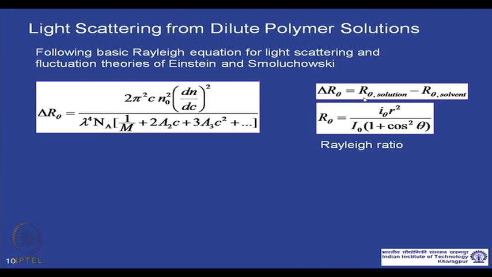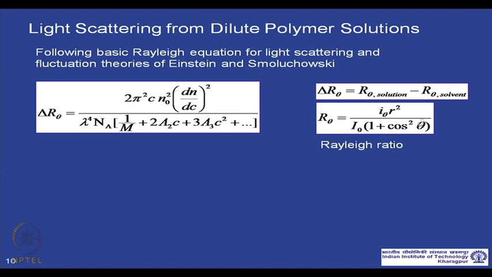as I said, the Rayleigh ratio, which basically takes care of the scattering intensity, normalized with the scattering angle.